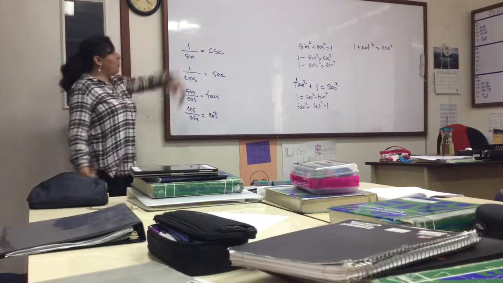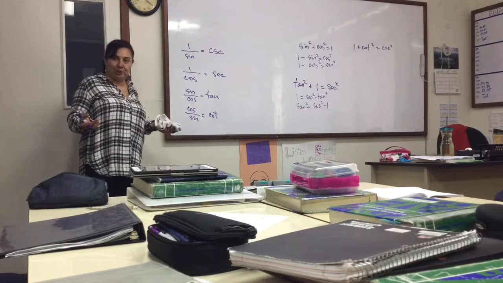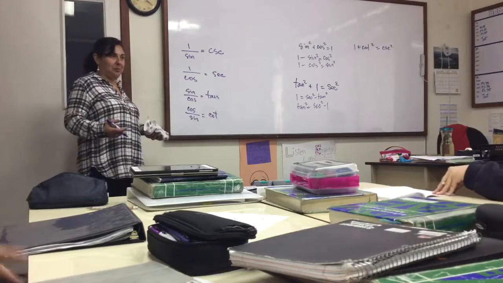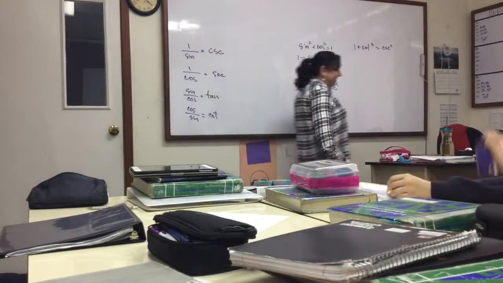Okay. So all of these, what are we going to do with all this information that I'm sure you copied down in your notebook just now so you can use it, right? Because we are going to use it. You ready?